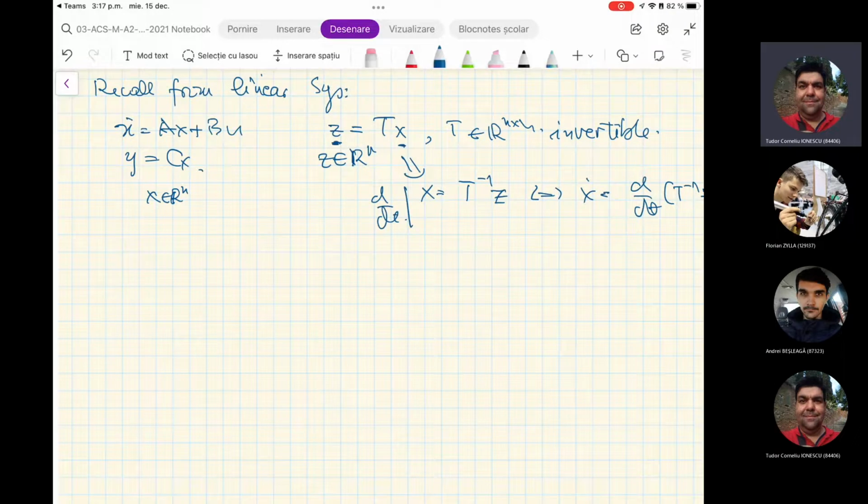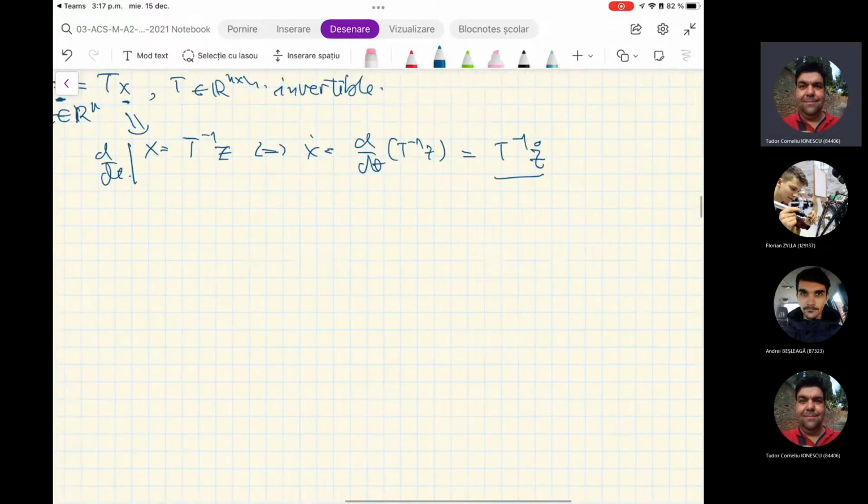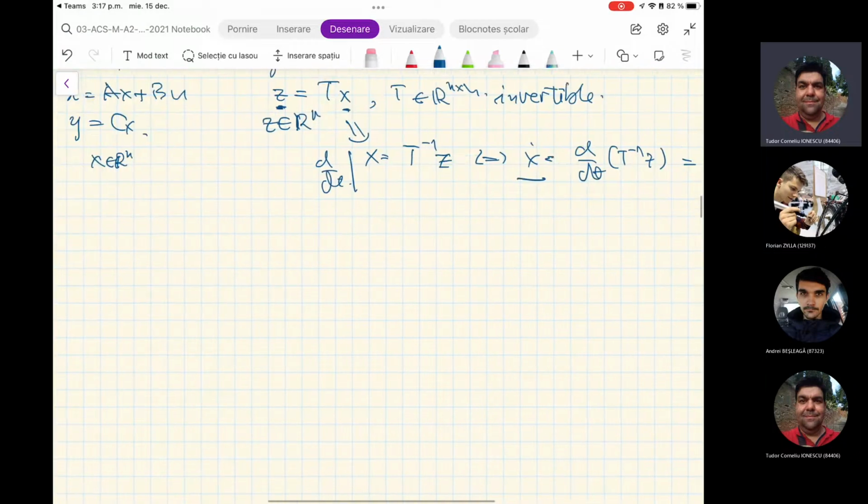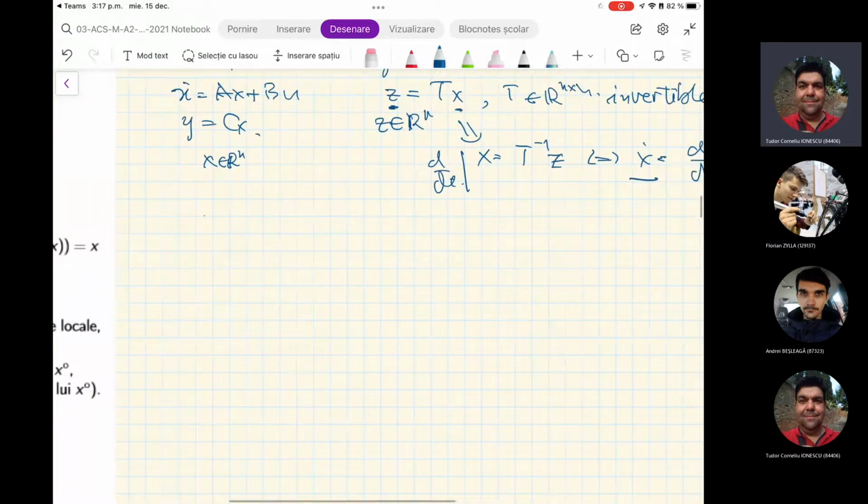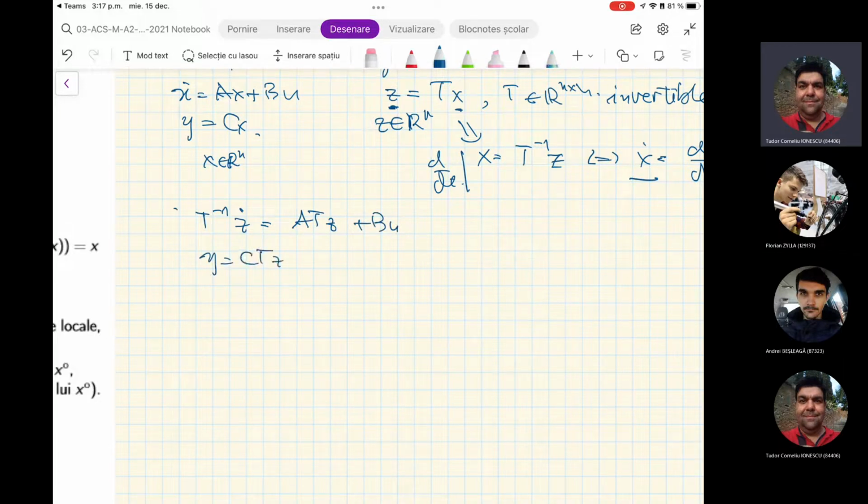So now we substitute this relation into our system. T inverse z dot equals A T z, this is x, plus B u, and y is C T z.